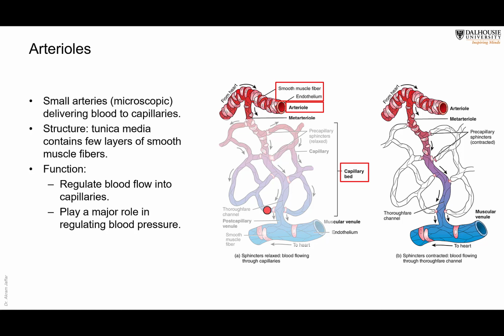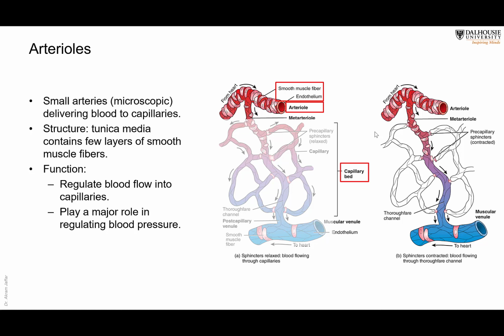So how do they regulate blood flow? Here, as you can see, the arteriole leads to a capillary bed. So if these smooth muscle fibers are contracted, then their outlets to the capillary beds will be closed, and therefore the blood goes directly from an arteriole to a venule without passing into a capillary bed.